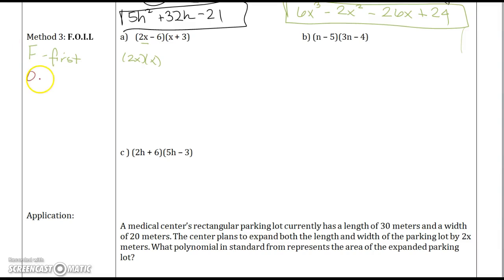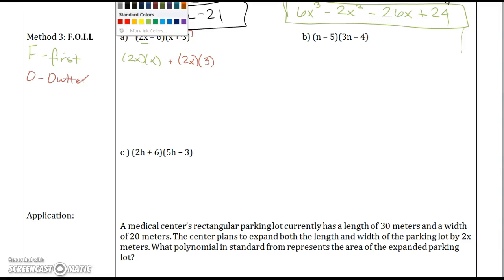The next, the O, stands for outer. If I'm looking at this from left to right, this is an outsider, and this is an outsider, because they're outside on the edges of the parentheses. So outer will be 2x times 3.